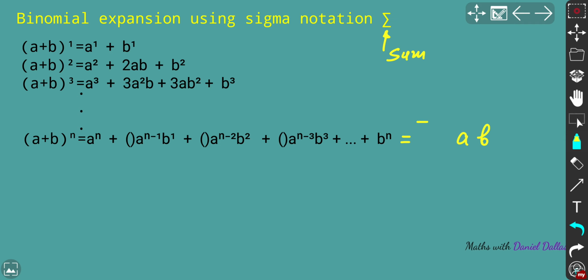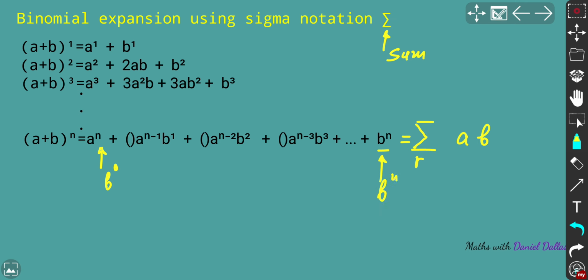So that's why I put sigma notation, and I would say that we can sum up with a running index. Let's say r, okay, and b, as you remember, first appeared in the power of 0 and goes up to the power of n.